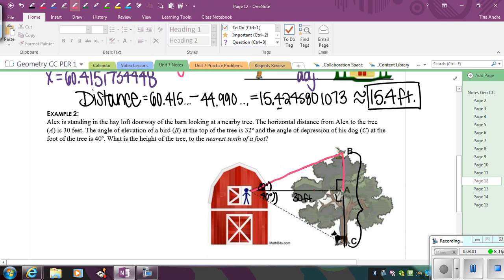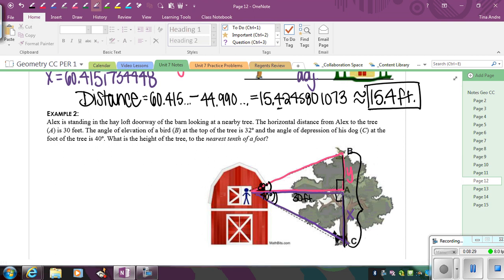So if I use this right triangle here, and then this triangle right here, and let's say I find X, which is the side of the purple triangle, and Y, which is the side of the pink triangle, add those together, that's going to give me that entire distance that I'm looking for. So again, looking for the right triangles that will allow you to find the unknown segment.